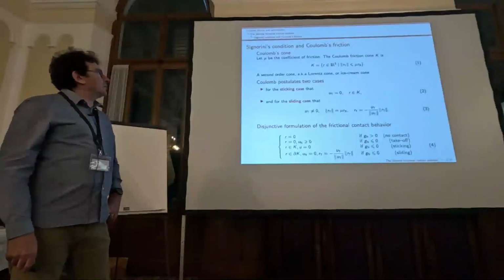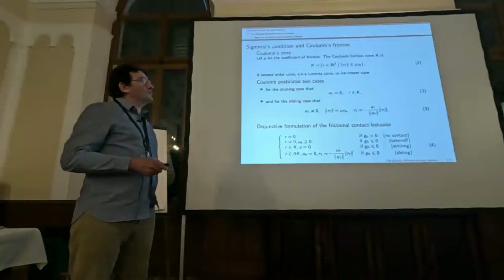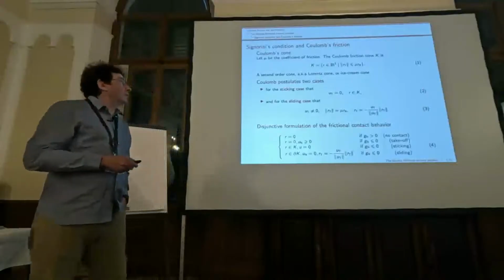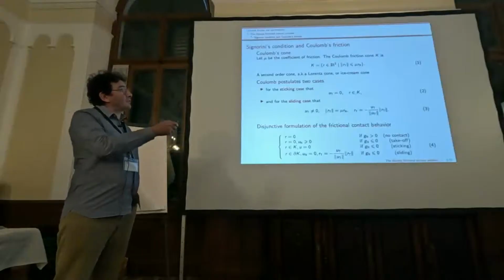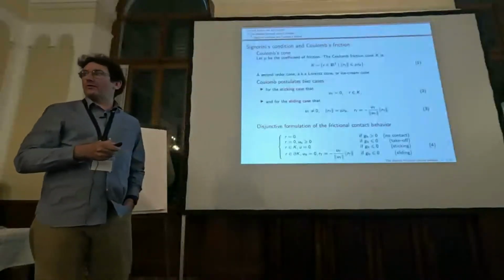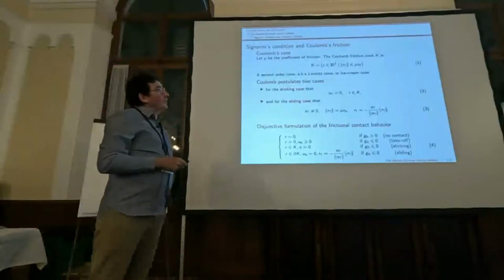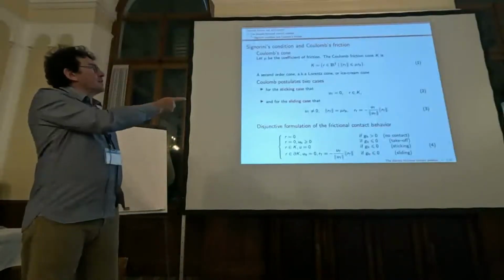Now some notation for the Coulomb friction. Very standard notation. I introduce the Coulomb's cone, which is a second order cone. The Coulomb's cone is all the reactions in R3 such that the norm of the tangential reaction is less than mu, the coefficient of friction, times the normal reaction force. Coulomb's law postulates two cases.